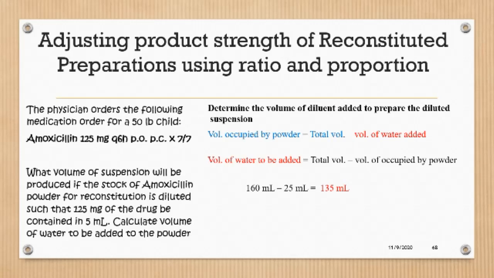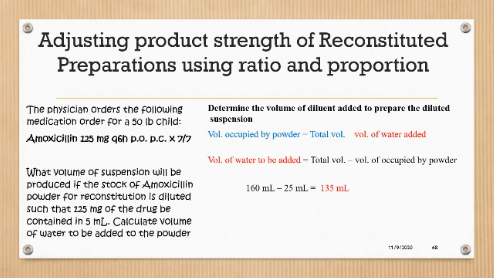Once we have the concentration of the diluted suspension and the total amount of drug in it, we can determine the final volume, and we found that to be 160 mL. But now we need to go back into the past to add enough water to make this 160 mL. So how do we do that? We need to know the volume occupied by the powder.